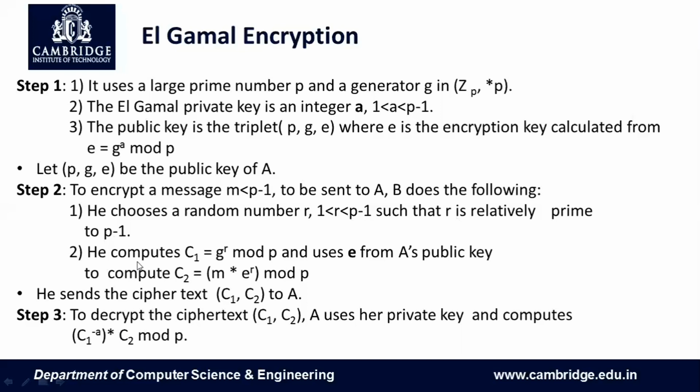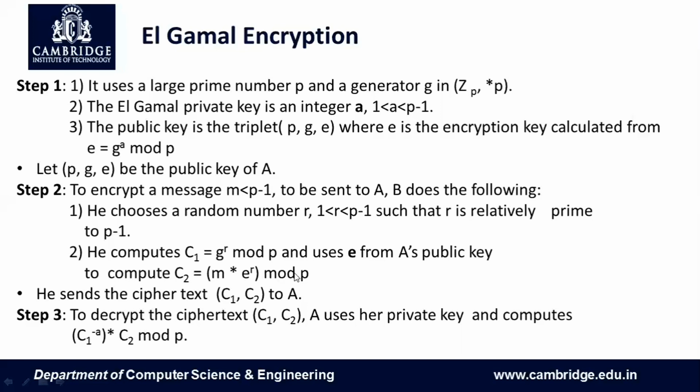Next, he computes C1 equal to G to the power of R mod P, and also uses Alice's public key in order to compute C2, which encrypts the message M into M times E to the power of R mod P, where M is a message less than P minus 1 chosen by Bob to send to Alice, E is the public key of Alice, and R is chosen by Bob, which is relatively prime to P minus 1.